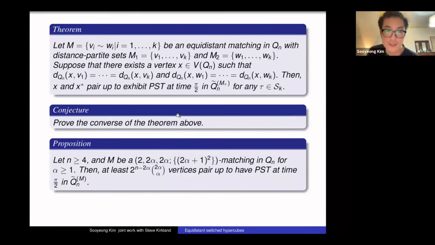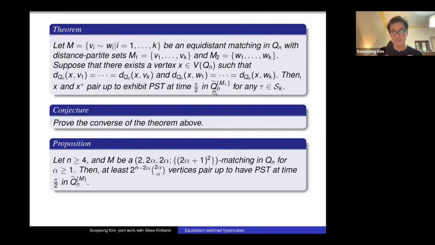And then here, there's a conjecture for the proof of the converse of this theorem. For the proof of this theorem, we considered equitable partition. I have talked about the distance partition with respect to X in Qn and Q tilde n before.